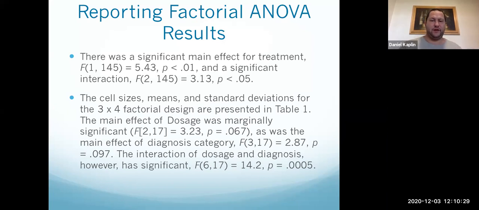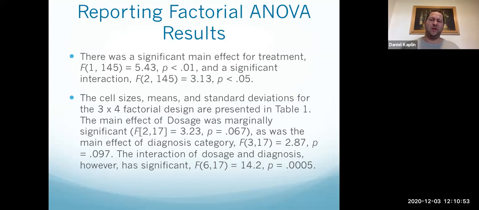The main effect for dosage was marginally significant. There goes that buzzword. F2 between groups, 17 within groups, a p-value of 0.067, right? As was the main effect for dose category, also marginally significant.